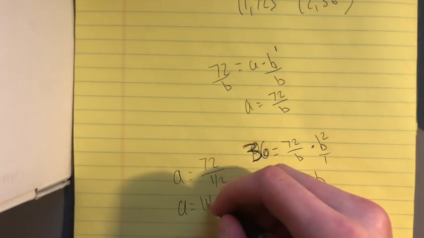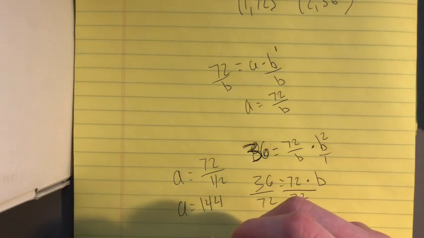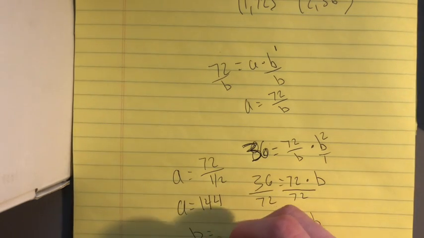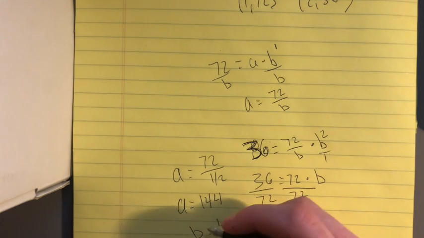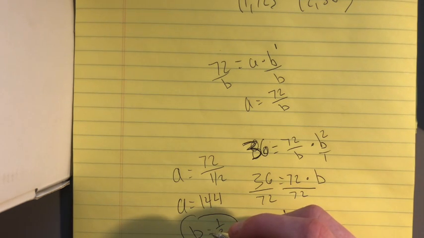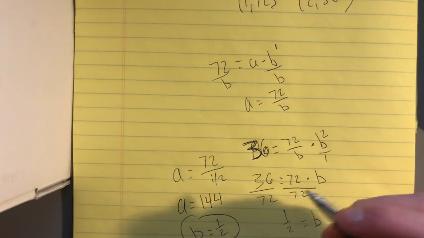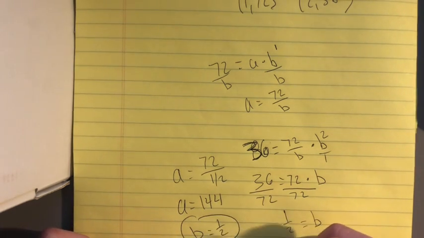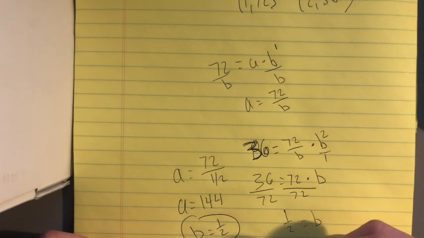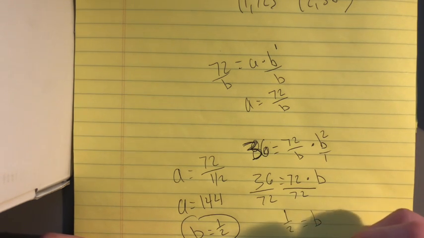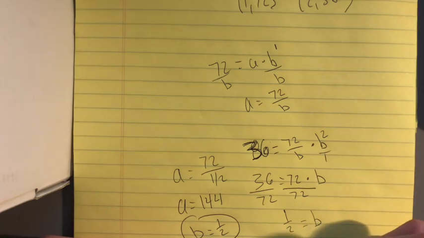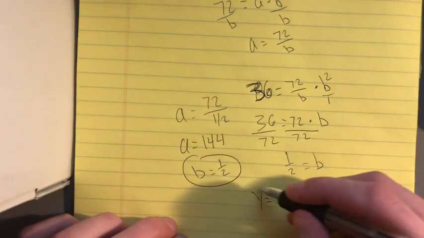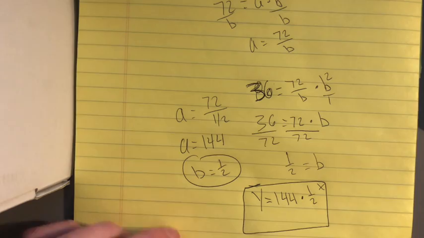So a equals 144, and b equals 1/2. And those are your final answers. Oh no, then you have to plug it back in to get y. So y equals 144 times 1/2 to the x. Right there. That's your final answer.